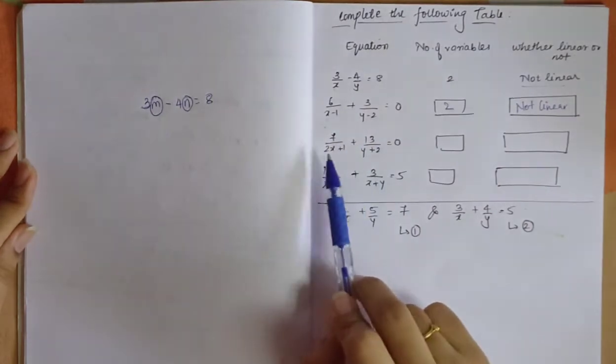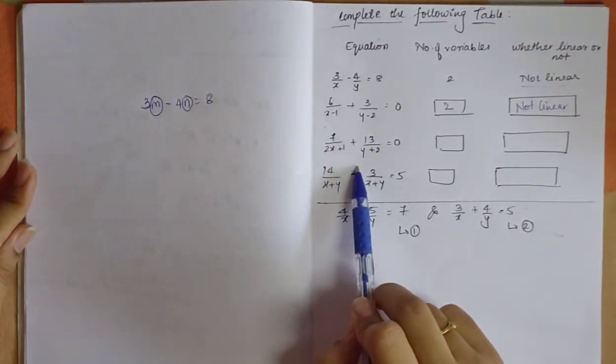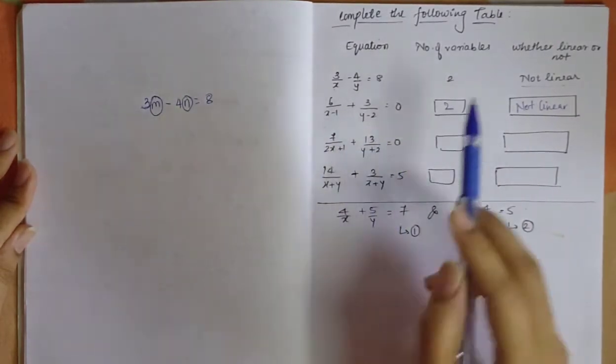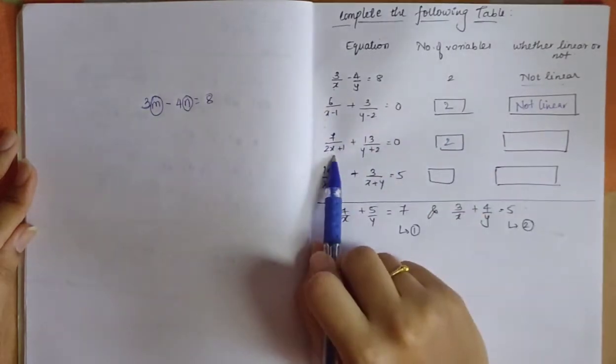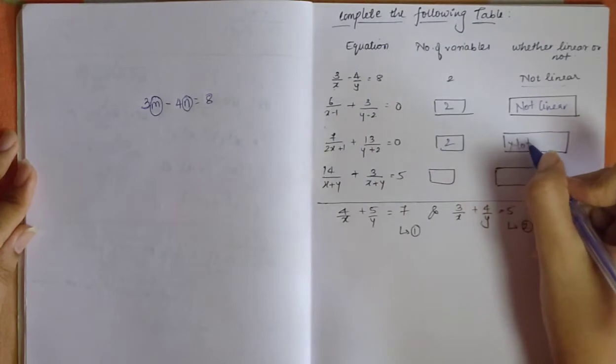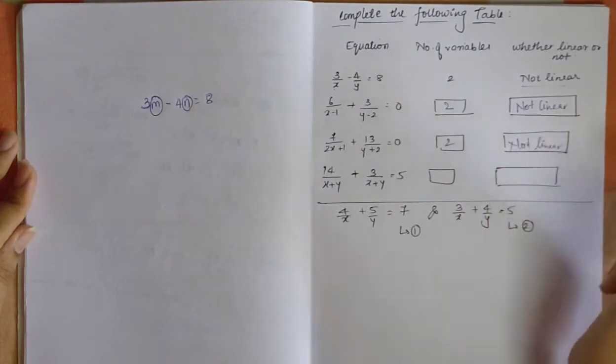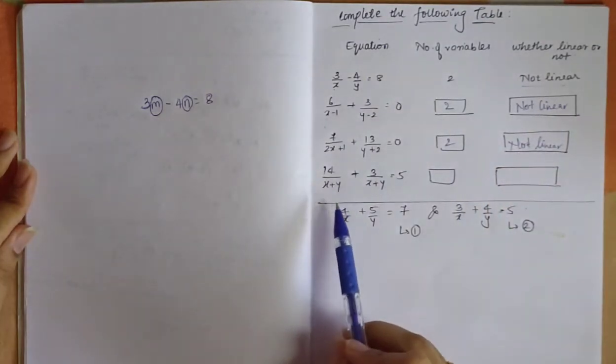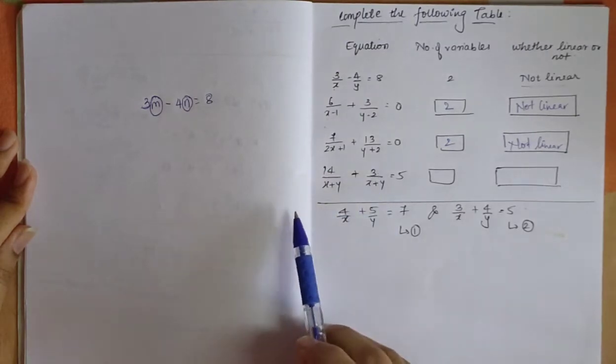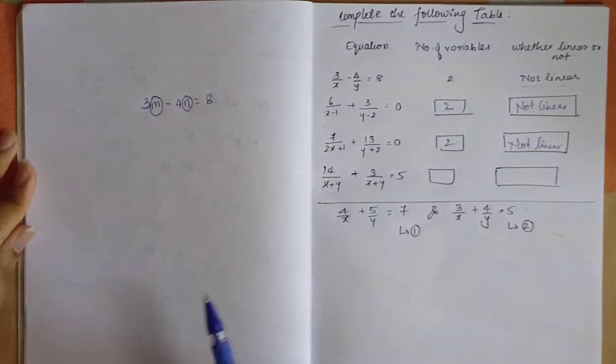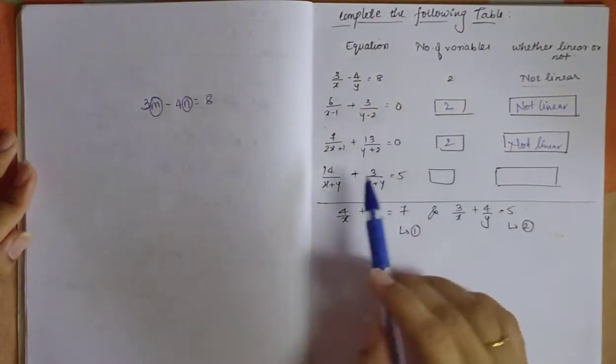Similarly, now 7 by 2x plus 1, 13 by y plus 2 is equal to 0. Again the number of variables are 2, and as the variables are in the denominator, it is not linear. Next, 14 by x plus y and 3 by x plus 5. Now they have given x plus y and x plus 5 again in the denominator.